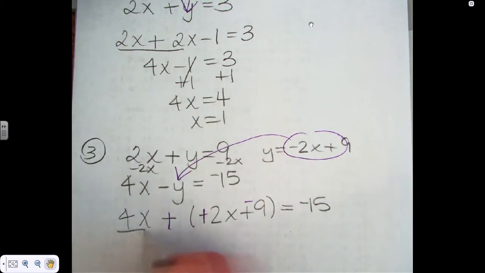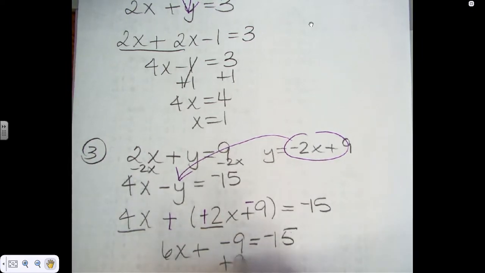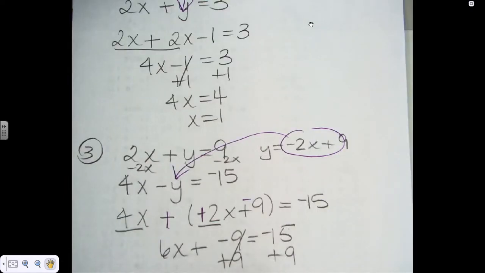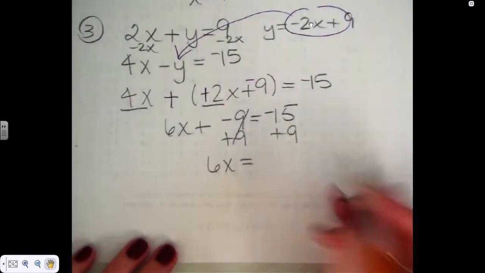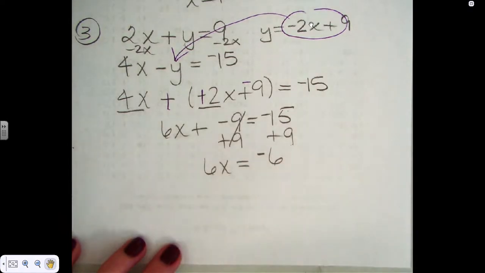Now collect like terms. 4x and 2x is 6x minus negative 9, or excuse me, plus negative 9. Now get rid of 9. Oops, sorry. So 6x is equal to a negative 15 and a positive 9 is a negative 6. So x is negative 1.